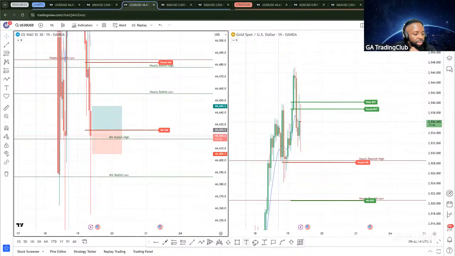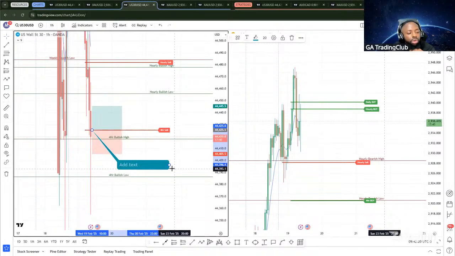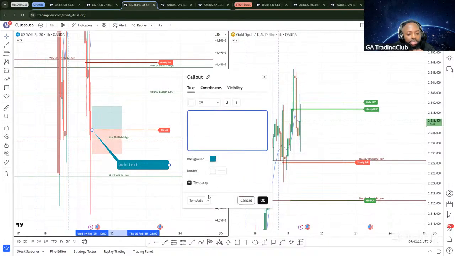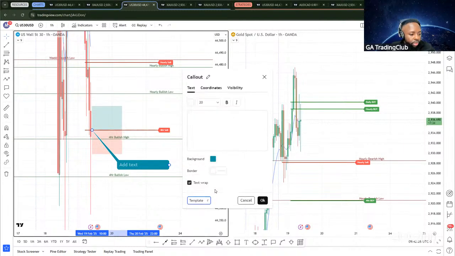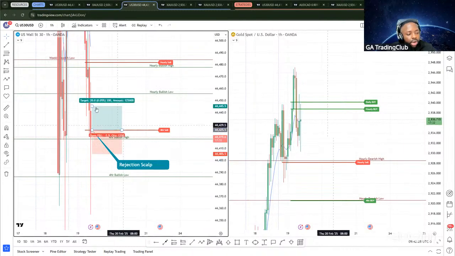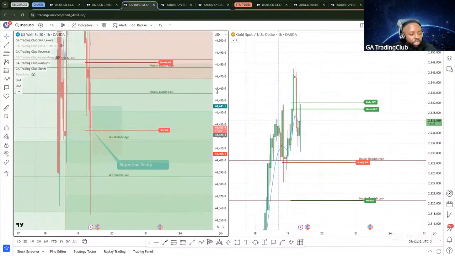and see if we get a rejection to the upside here. So when you're doing this, and these are quick scalps, you wouldn't care whether the zones are overlapping because you're going for a quick 20 points TP and 20 points stop loss.